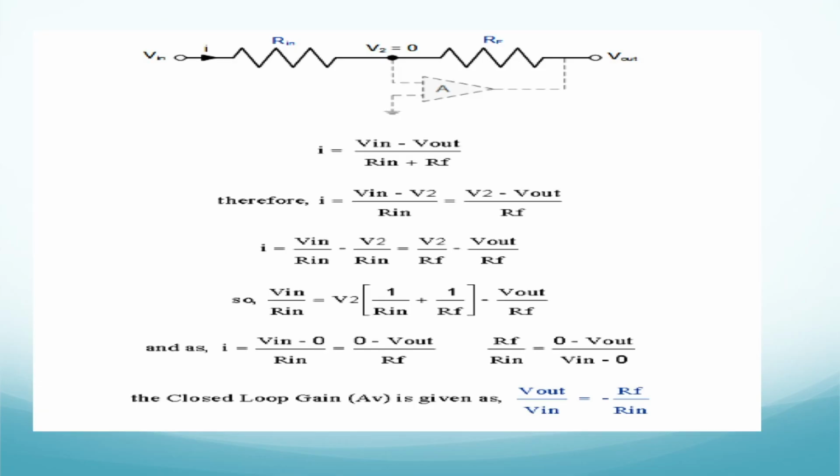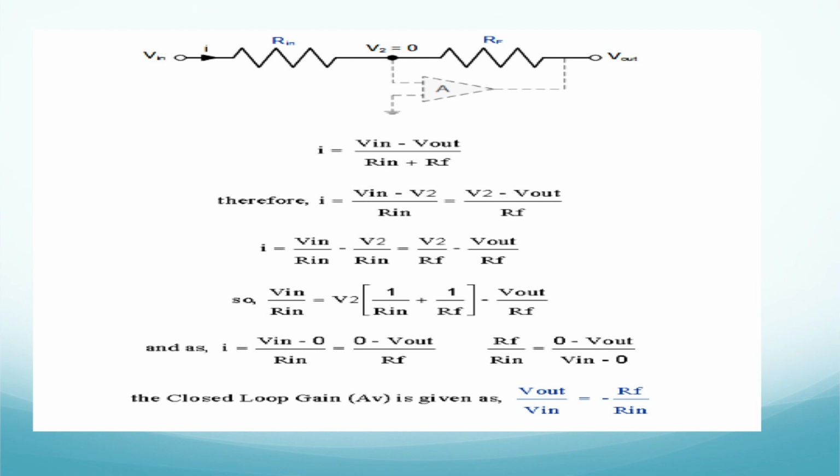Since I have not provided any input to the positive terminal, only one input V in moves through your circuit, via Rn and RF, and reaches your output. The current through this series element is V in minus V out divided by Rn plus Rf, the additive resistance.